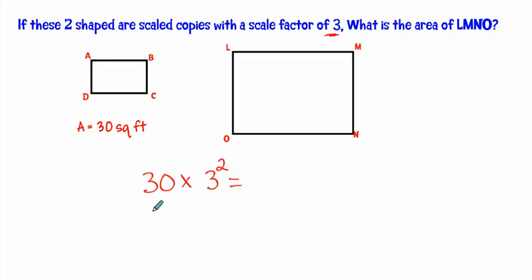So this would be 30 times 3 to the second power, which means 3 times 3. 3 times 3 is 9. So that would be 270 square feet. Okay. All right, let's do another one.